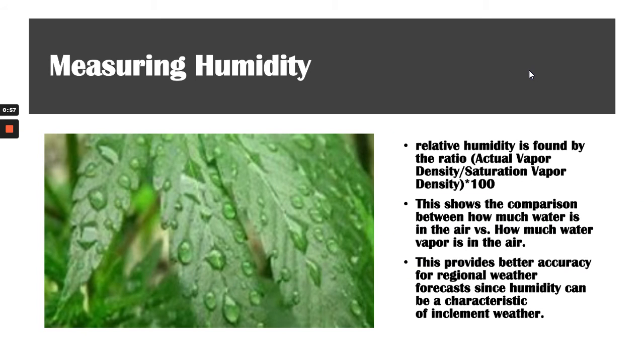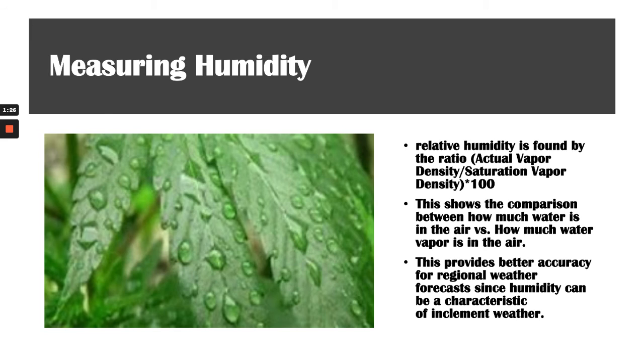So talking about how we measure humidity, relative humidity is found by a ratio. Like I said, it's just a ratio between two things. It's found by the actual vapor density over the saturation vapor density, then multiplied by 100, and that gives us a percentage. This shows the comparison between how much water vapor is in the air versus how much it could hold.